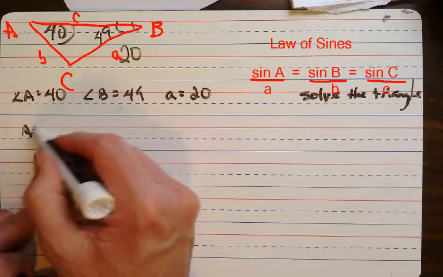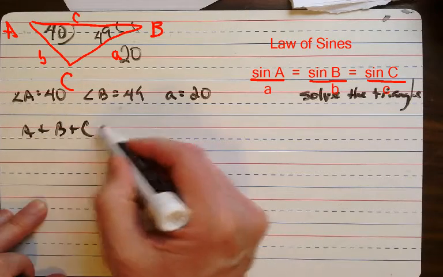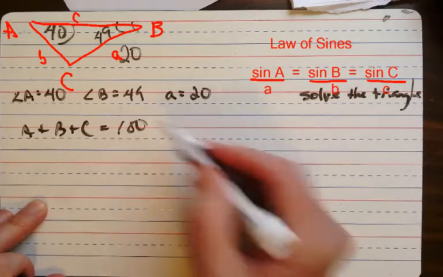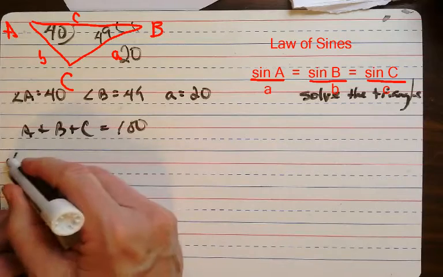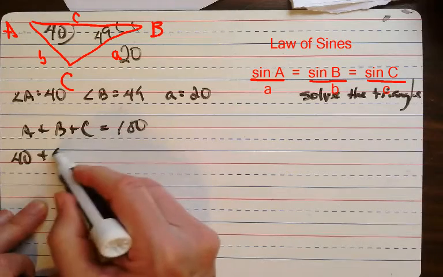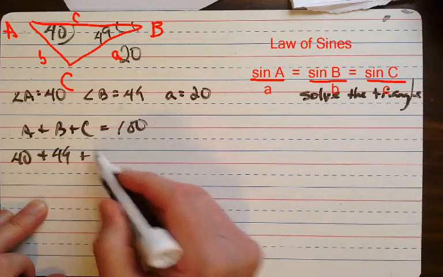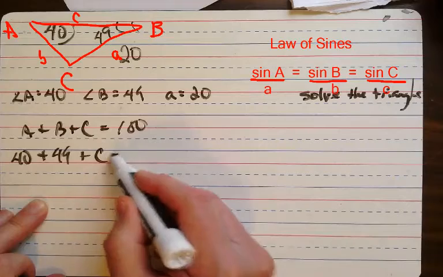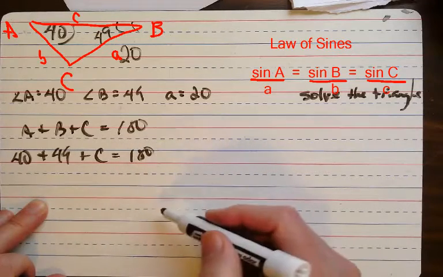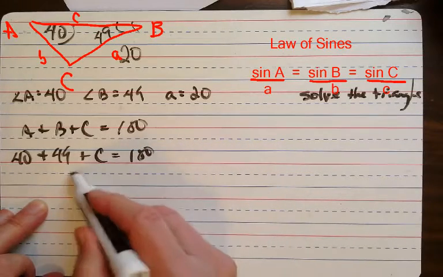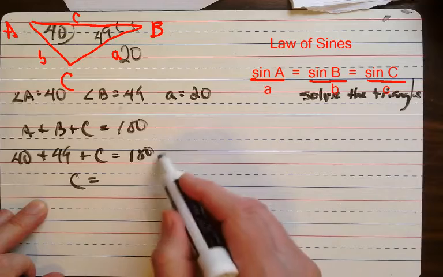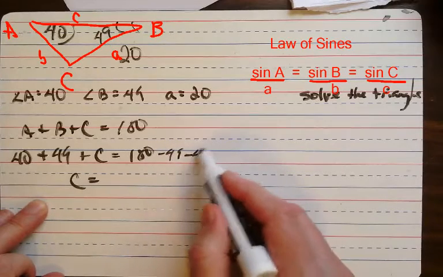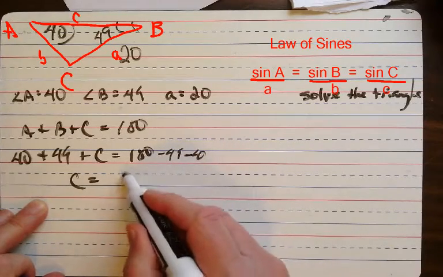I can do A plus B plus C equals 180, and I know what A and B are. 40 plus 49 plus C equals 180. So if I subtract 49 and subtract 40, is that 91?